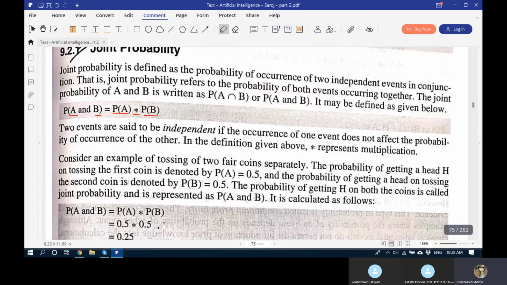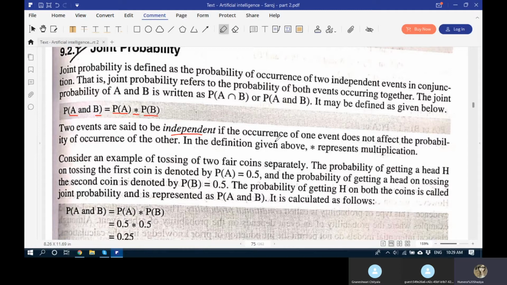Two events are said to be independent if the occurrence of one event does not affect the probability of occurrence of the other. You know about it, and you know that the asterisk, that is, into, means multiplication. For instance, take two different events like you having an exam and you having your sister's marriage.